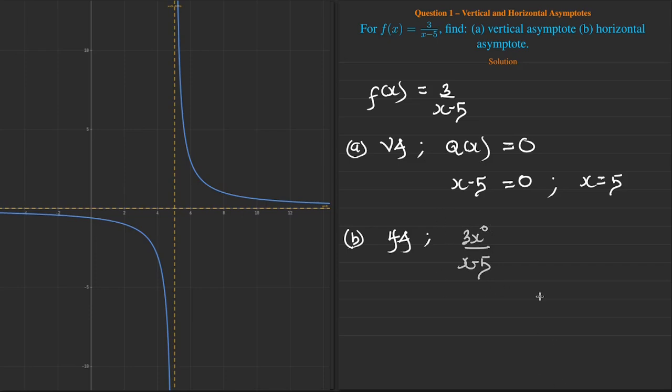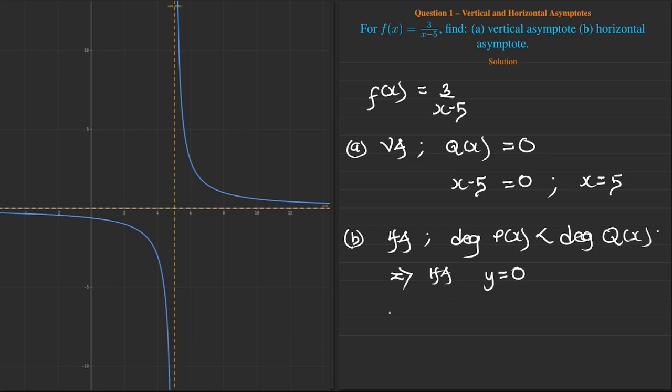So we can conclude that since the degree of the numerator, let's call it p of x, is less than the degree of q of x, then it simply implies our horizontal asymptote is the line y equals 0. So it's just about understanding the concept, looking at what we have to compare, and then determining your asymptote. That is all.